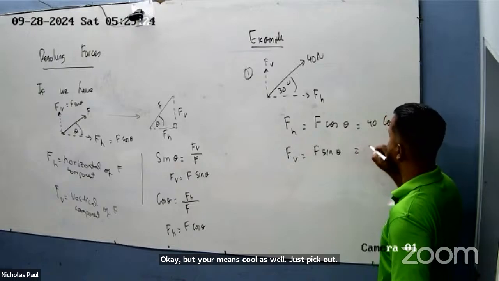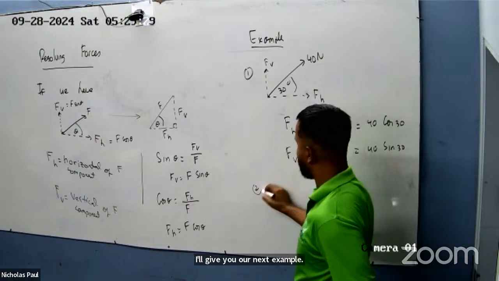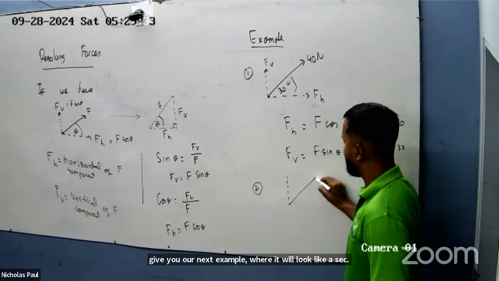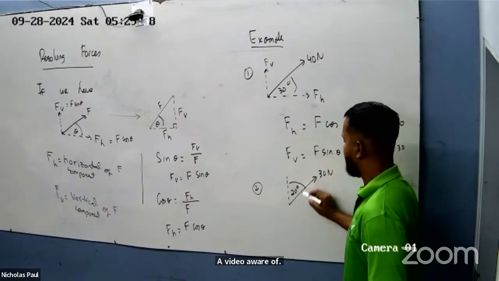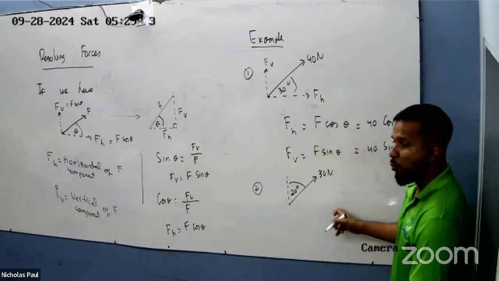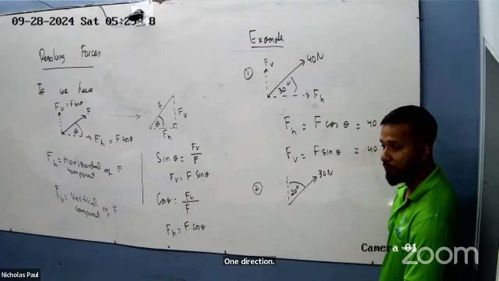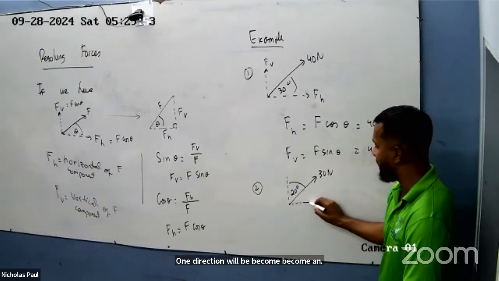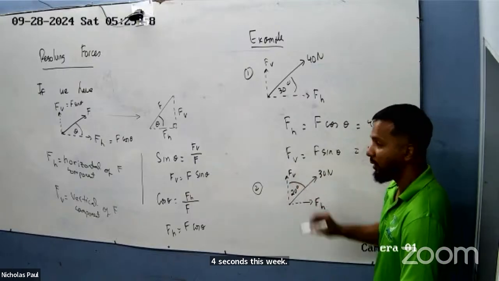I'll give you a next example where it won't look like this. It'll be the other way around. Look at this example. A force acting this way. What direction will the components be? Horizontal is to the right and vertical is upwards.